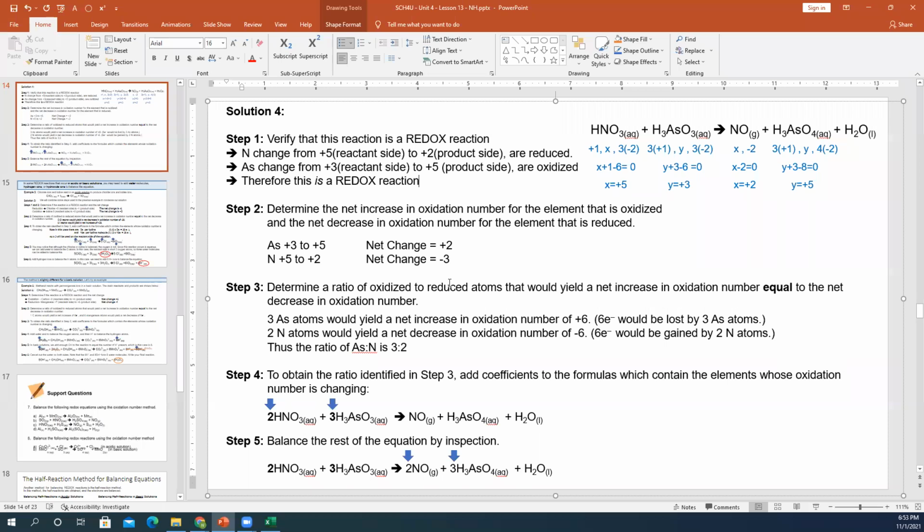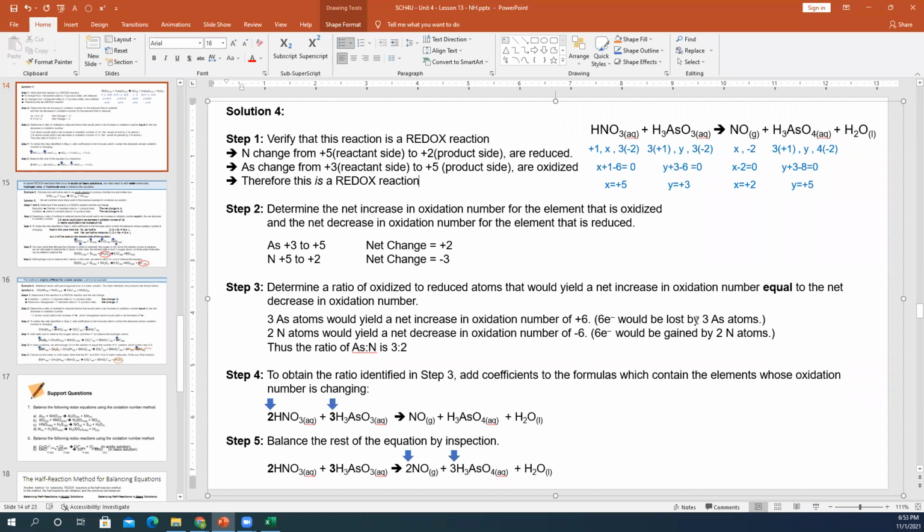The next step is to determine the ratio of our oxidized to our reduced atoms. That would give us the net increase in the oxidation number that is equal to the net decrease in the oxidation number. What do we mean by that? We mean that 3 atoms of AS would yield a net increase in the oxidation number of +6.